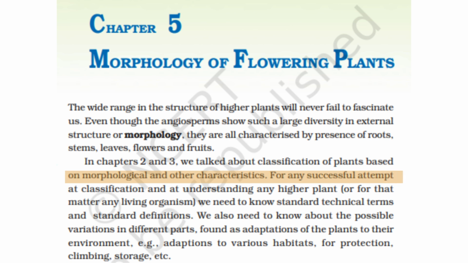For any successful attempt at classification and at understanding any higher plant, or for that matter, any living organism, we need to know standard technical terms and standard definitions. We also need to know about the possible variations in different parts found as adaptations of the plants to their environment. Example: adaptations to various habitats for protection, climbing, storage, etc.